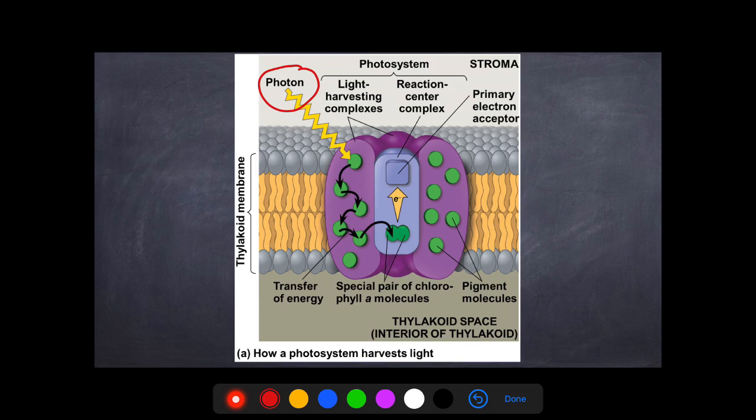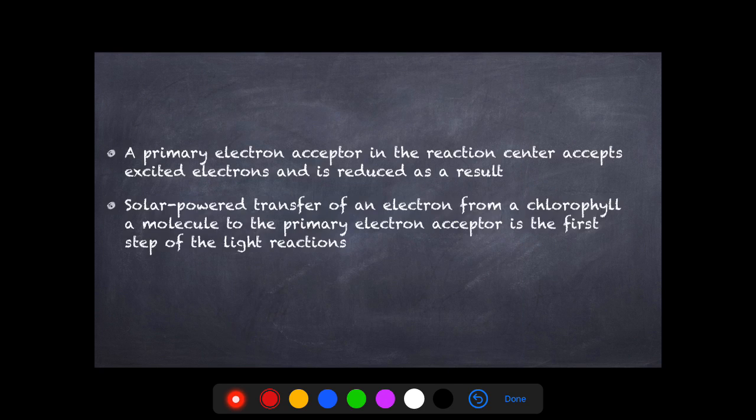The photon is coming in, and when it comes in, it transfers energy to the chlorophyll A, which is right here. There are two of them. The chlorophyll A will then cause an electron to be excited, and it will reach the reaction center complex, which is this purple box right here.